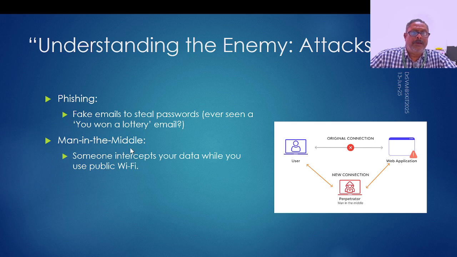The second thing is the man in the middle type of attack, where someone intercepts our data while we use public Wi-Fi. Nowadays, most places, like hotels and hospitals, provide free Wi-Fi to attract customers, and through this Wi-Fi they may make some type of attack where the user tries to connect to some web application.